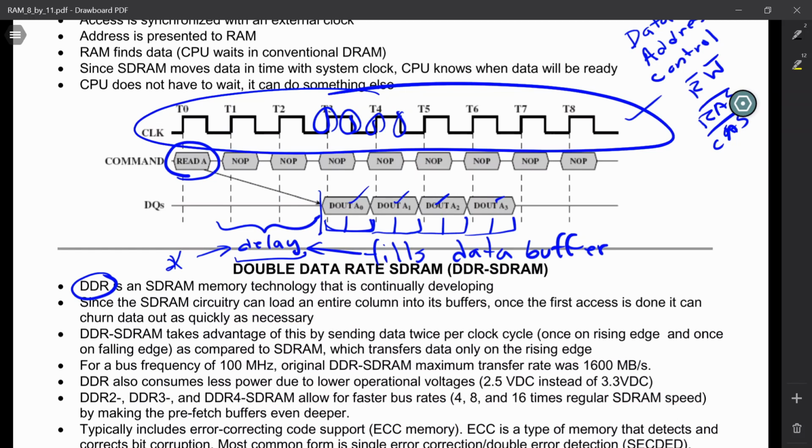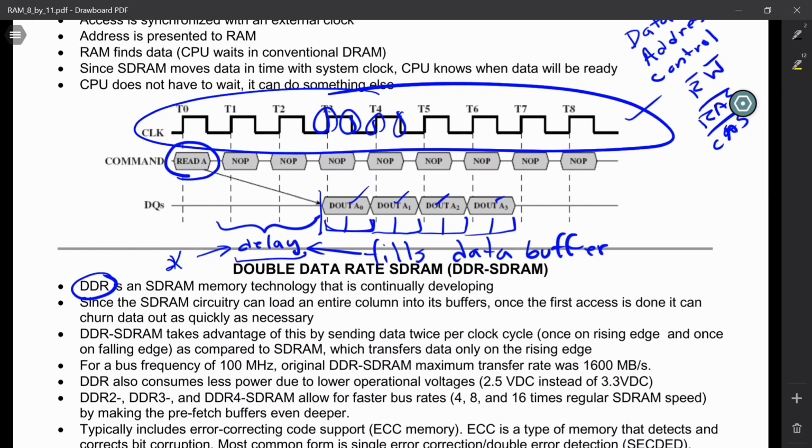The regular SDRAM could start sending data back sooner, although the double data rate, once it got to the point where it could send data back, was sending it faster. So there was a balancing act we were playing here. Some of the early DDRs were slower, in fact, than SDRAM.